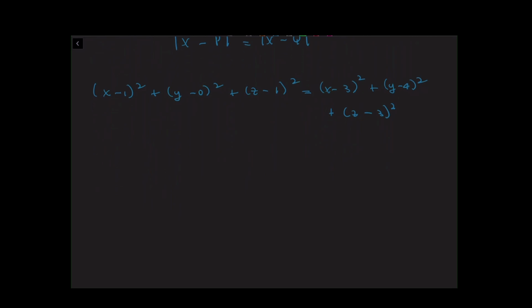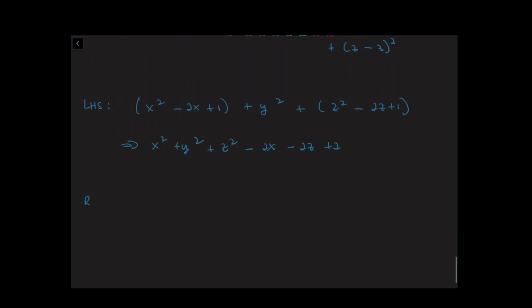So the left hand side I'll do first. I'll get x squared minus 2x plus 1 plus y squared plus z squared minus 2z plus 1. Let's just simplify this. So I get x squared plus y squared plus z squared minus 2x minus 2z plus 2. So that's the left hand side.